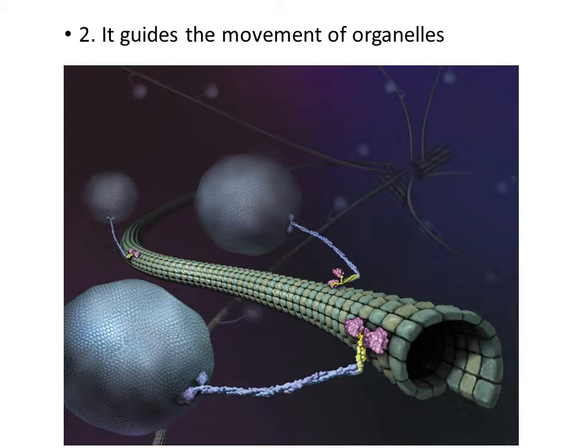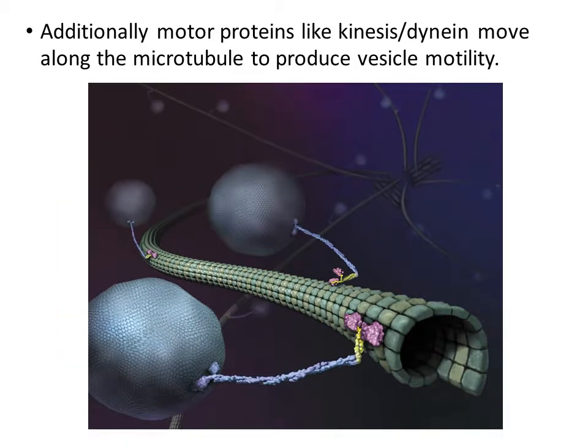The thing that is walking is attached to a vesicle, and the vesicle contains something in it. The thing that appears to be walking is called a motor protein. So motor proteins like kinesin and dynein will move along the microtubule to produce this vesicle motility.